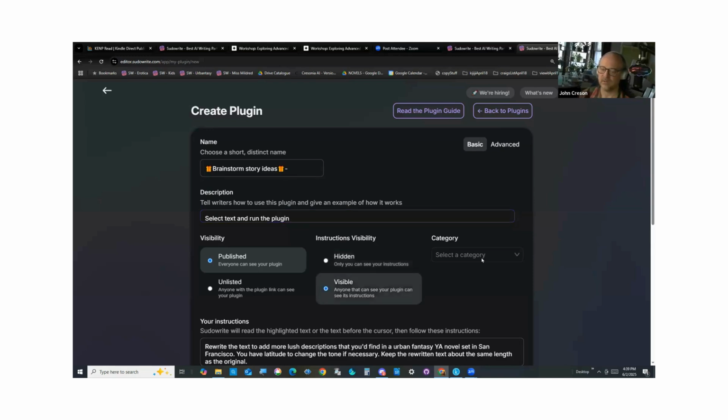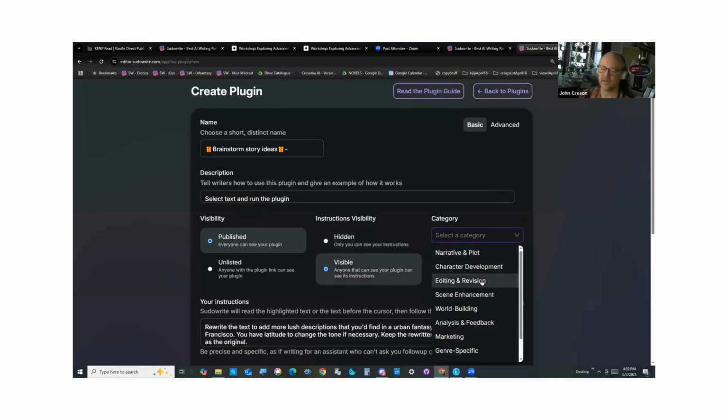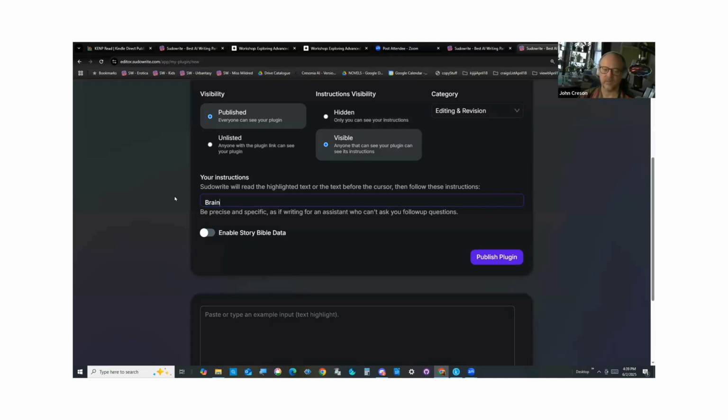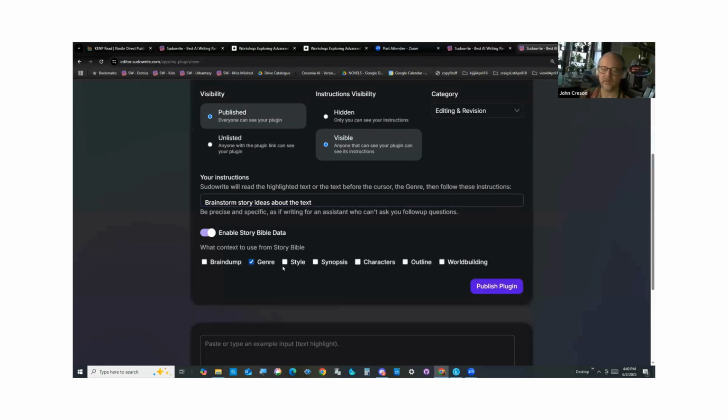It's visible, it's published. Category is editing revision, maybe. We were using Brainstorm. And we're going to enable story data, we add genre, and we add style.